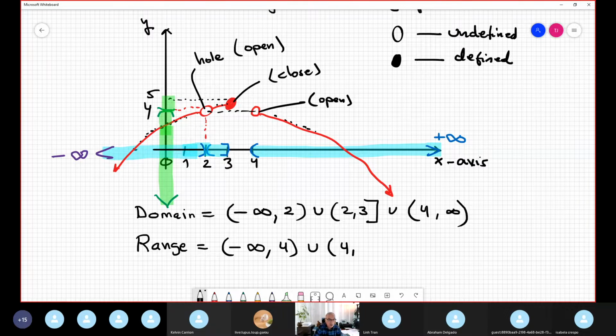And include 5, yes, include 5, because at 5 we have a closed circle. Bracket. And the rest of the range, greater than 5, no, because we have no graph. So the function in red color never touches 6, 7, 8, and so on.